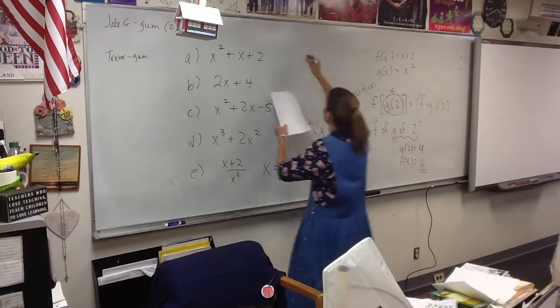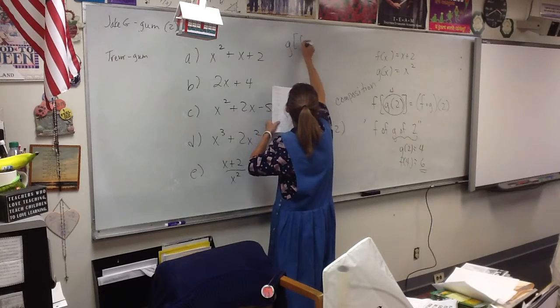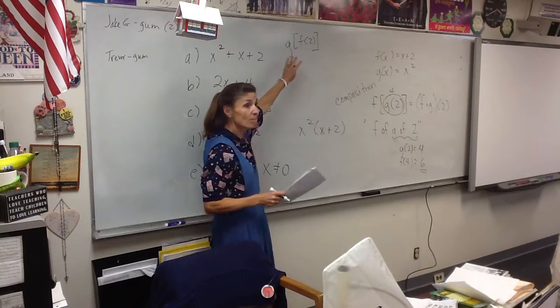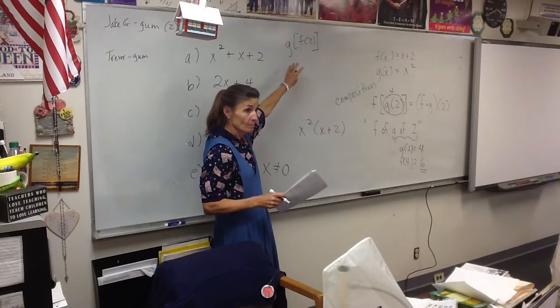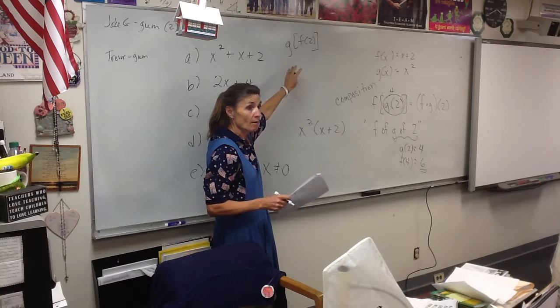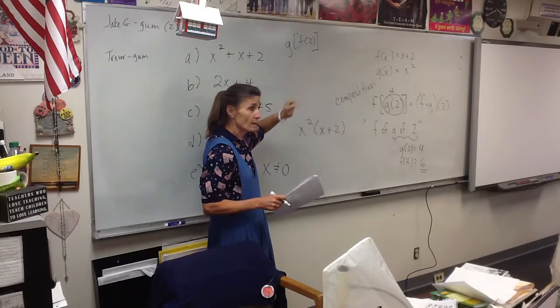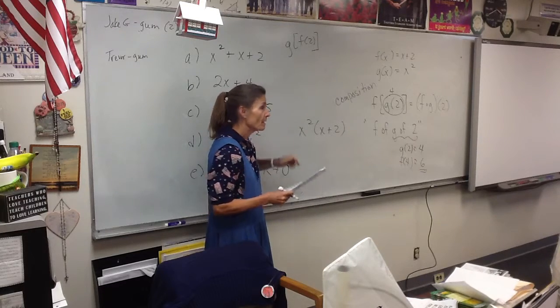Now, G of f of 2. Now this is different. This says G of f of 2. So where do I start? F of 2.